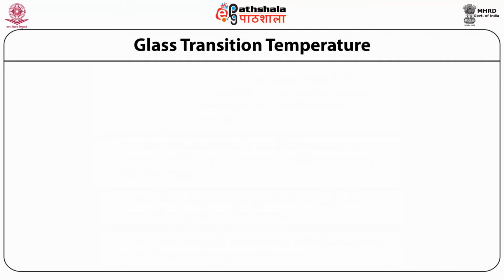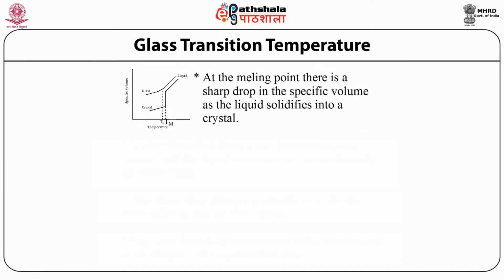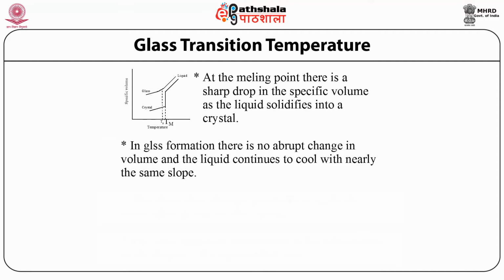The specific volume V decreases as the temperature decreases. At the melting point there is a sharp drop in specific volume as the liquid solidifies into a crystal. On the other hand, if the conditions are suitable for glass formation rather than crystallization, then there is no abrupt change in volume and the liquid continues to cool with nearly the same slope.